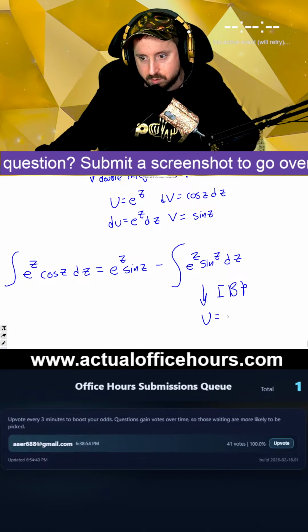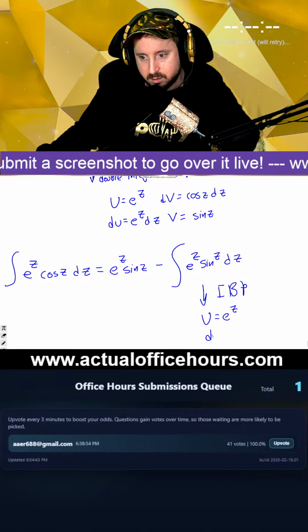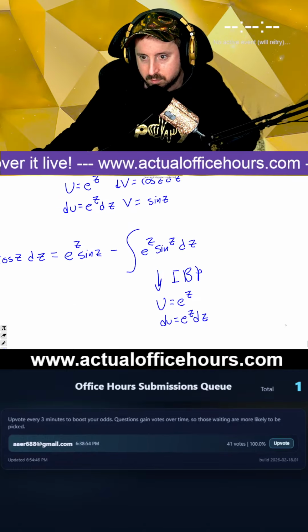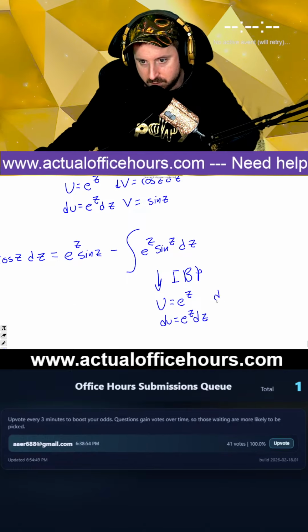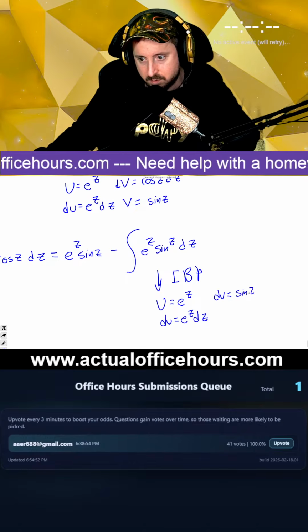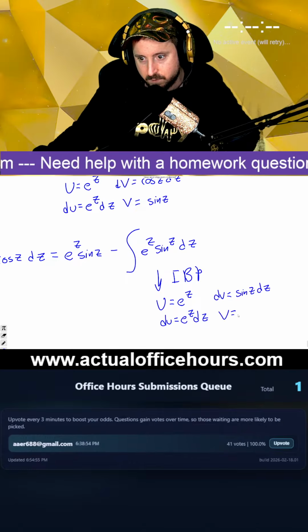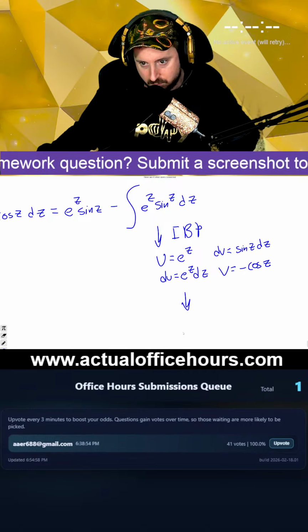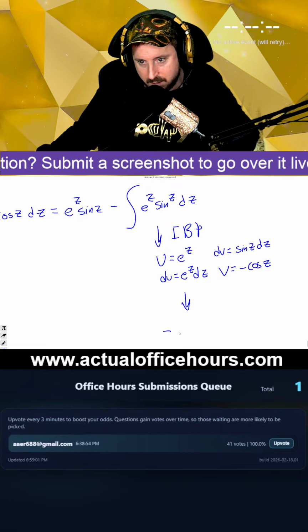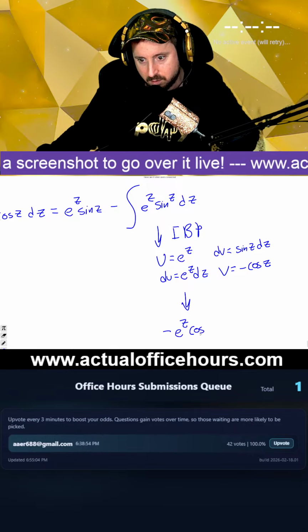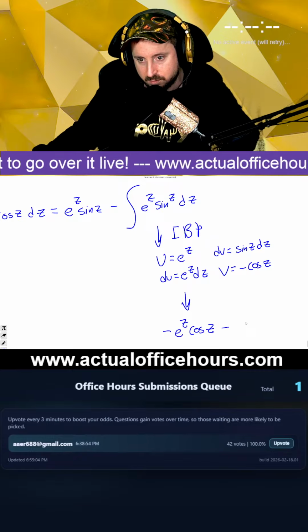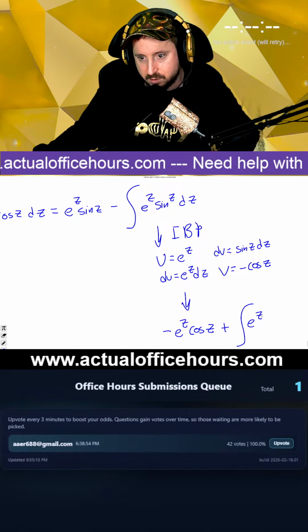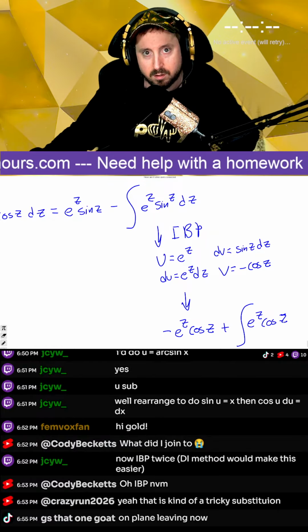Here we're going to say that u is equal to e to the z. du equals e to the z dz. dv equals sine z dz. So then v is equal to negative cosine of z. So then that gets you uv. So you get negative e to the z cosine z minus the integral of v du. So minus minus, that's plus e to the z cosine z.